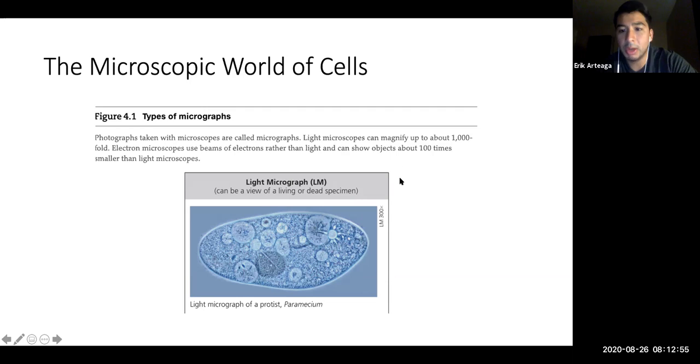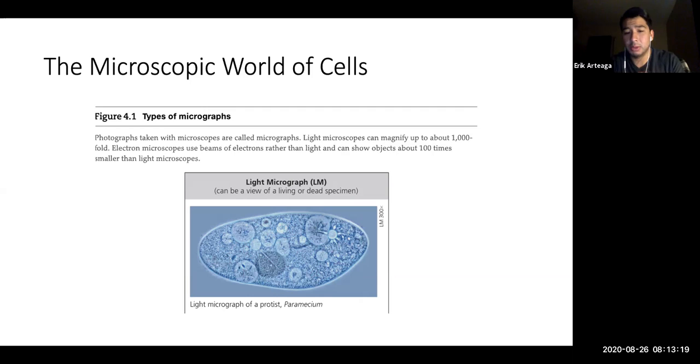Light microscopes can magnify up to 1,000-fold. Electron microscopes use beams of electrons rather than light and can show objects about 100 times smaller than light microscopes. Excuse me. The only way we're able to visualize our cells or different types of cells is typically through microscopy, okay?